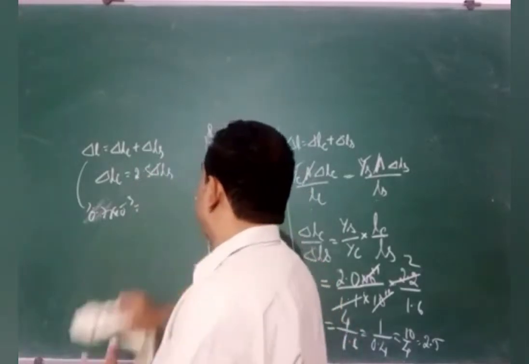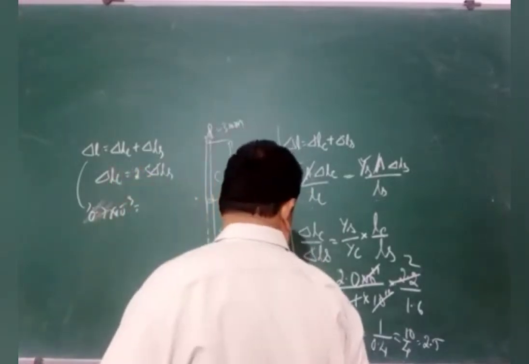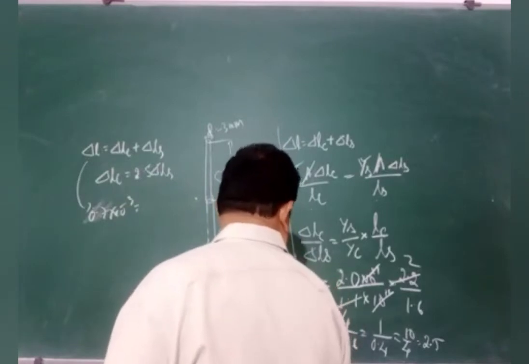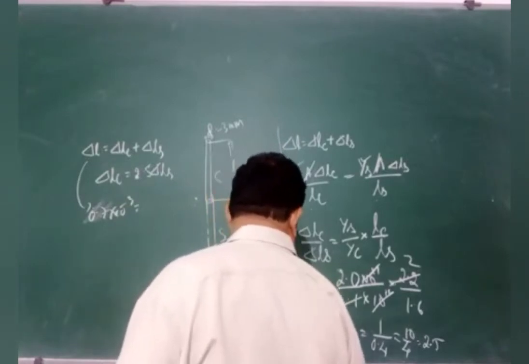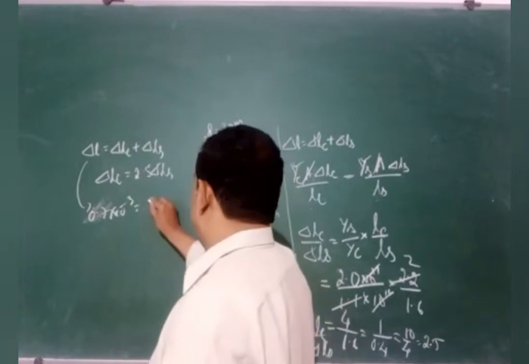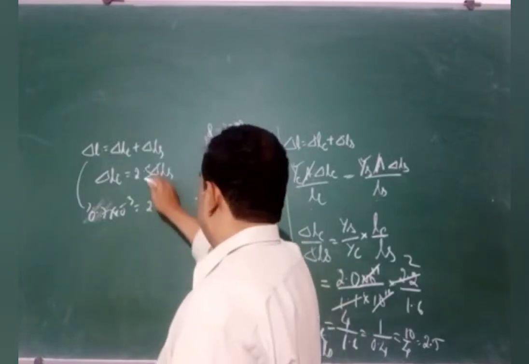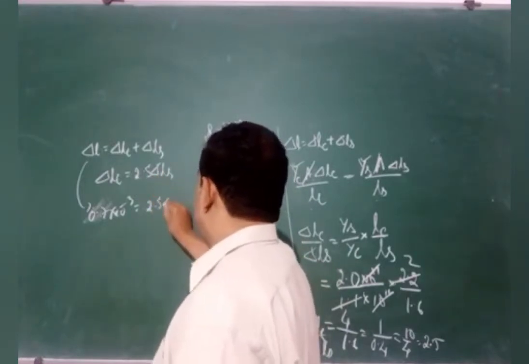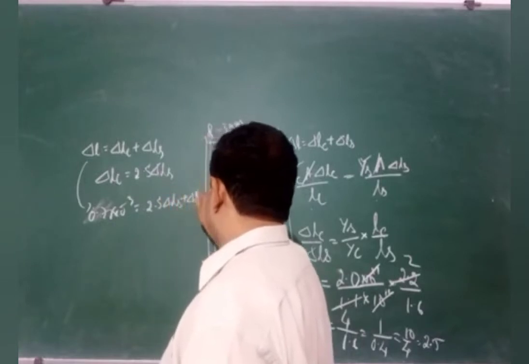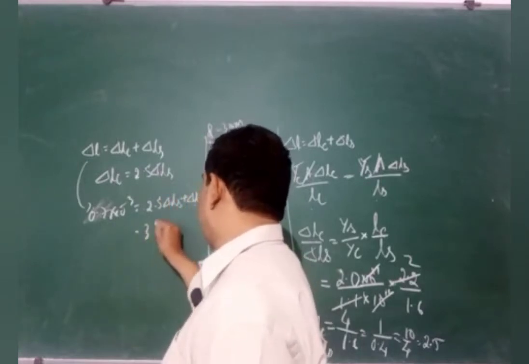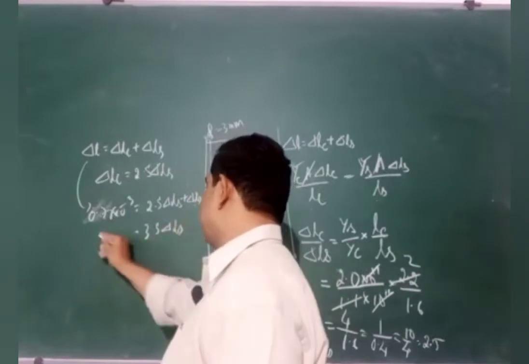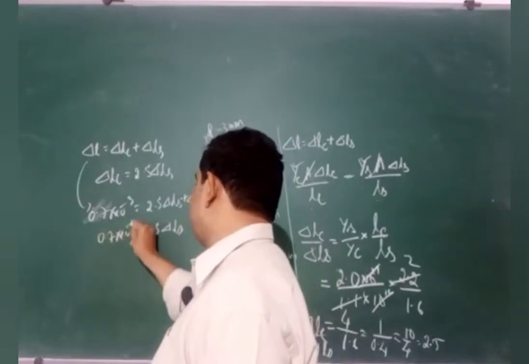so sorry. Delta LC, I have to substitute. This is delta LC by delta LS, so delta LC can be written as 2.5 delta LS as we have written. Delta LS plus delta LS. Go for the calculation. 3.5 delta LS is 0.7, 10 raised to minus 3.